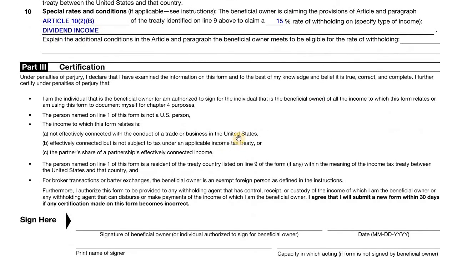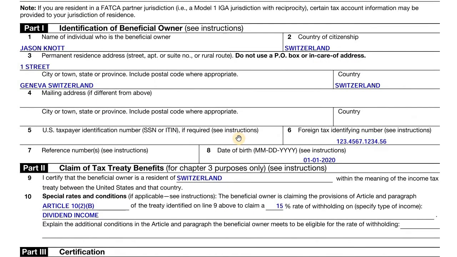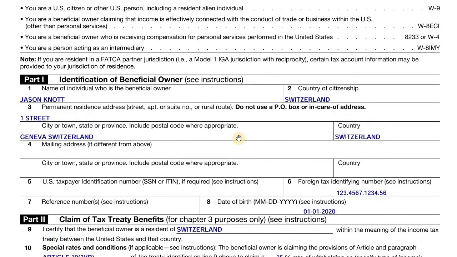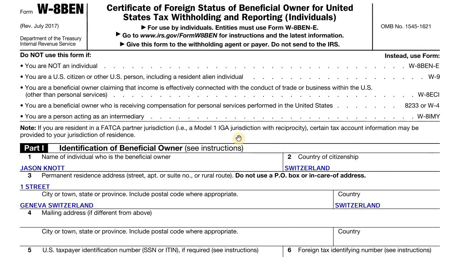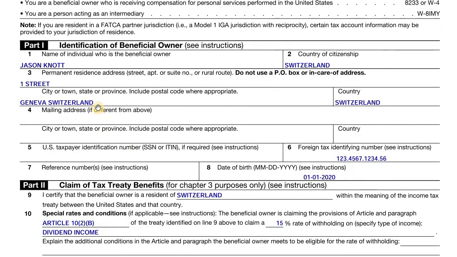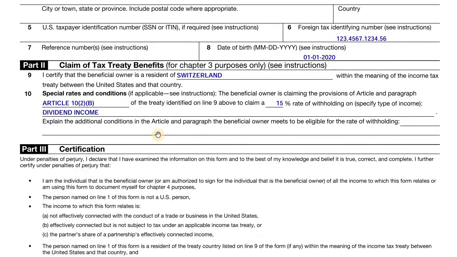And so this would be the withholding certificate I would provide to the broker when I open my account, so they know that, okay, yes, I am a foreign person, so broadly I'm going to be subject to these non-resident withholding rules, but I'm claiming treaty benefits under this article.